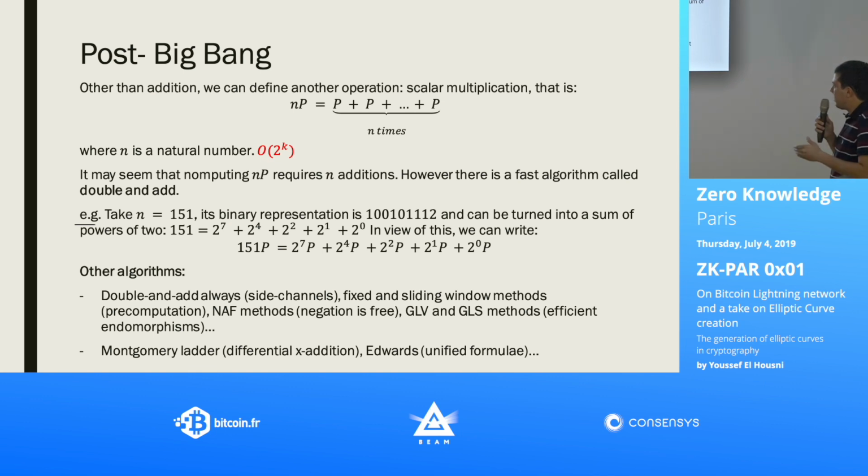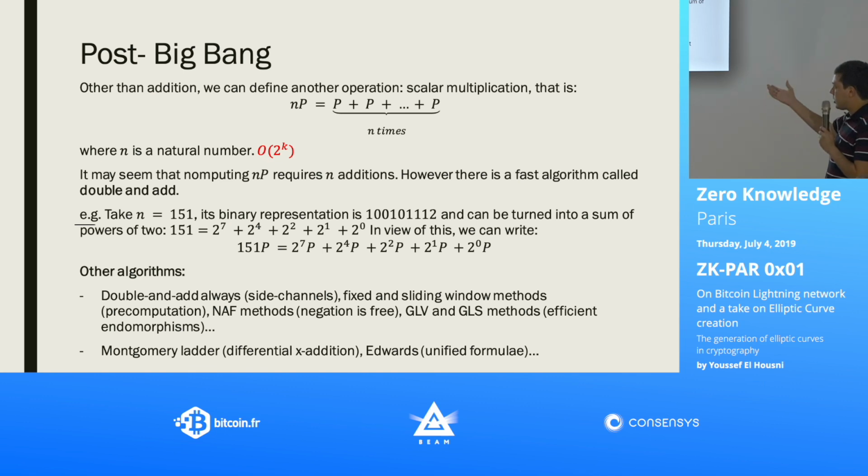But it is vulnerable. I mean, you use the algorithm depending on the purpose you want to achieve. For example, one easy attack on this algorithm is timing attacks. We have explained that you have different formulas in addition than in doubling because the line is not the same, it is a tangent in the doubling.